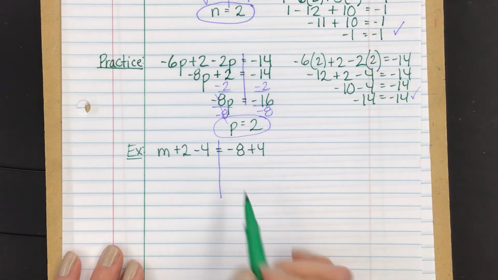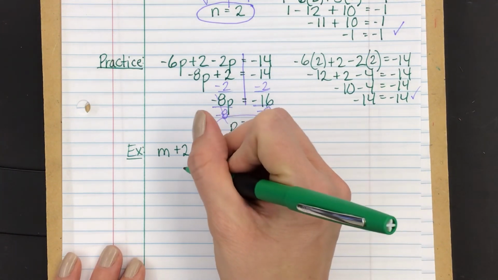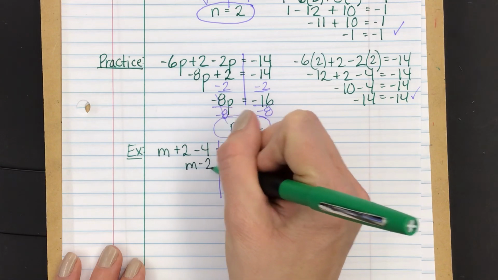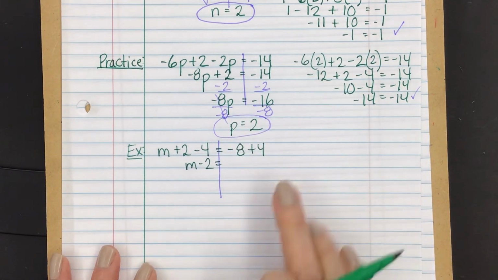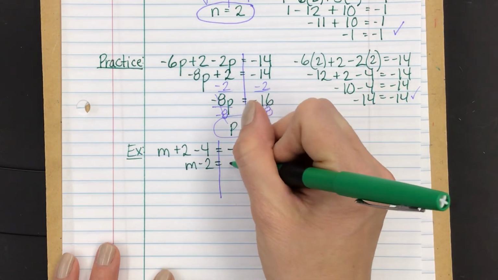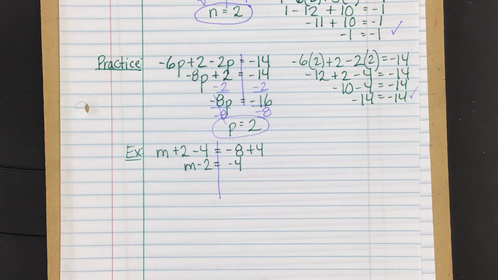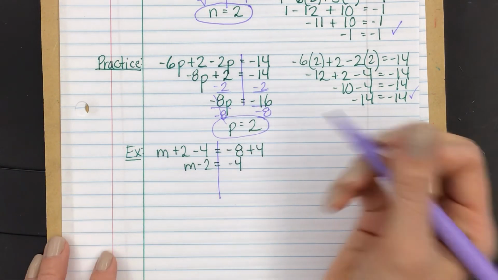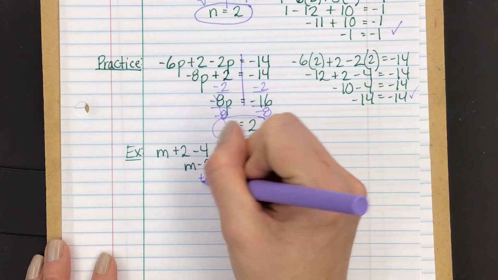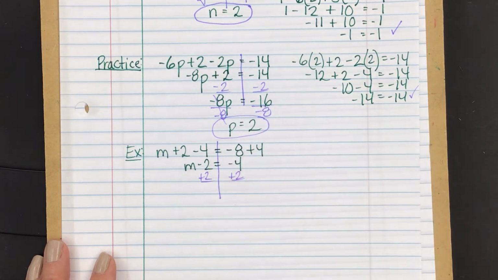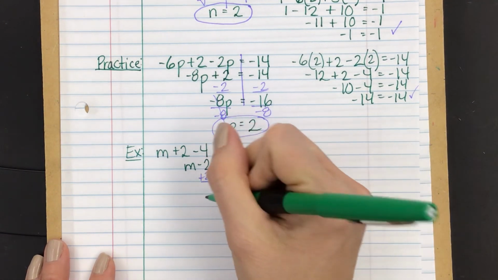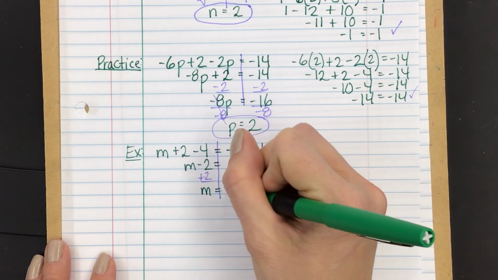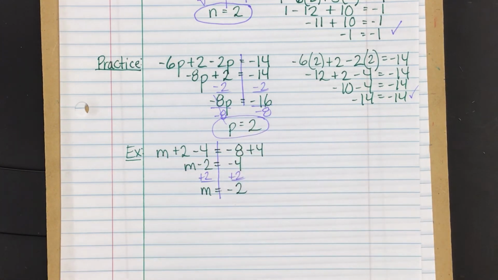So 2 plus negative 4 is going to be negative 2. Negative 8 plus 4 is negative 4. I'm going to add 2 to both sides. And I get that m is equal to negative 2.